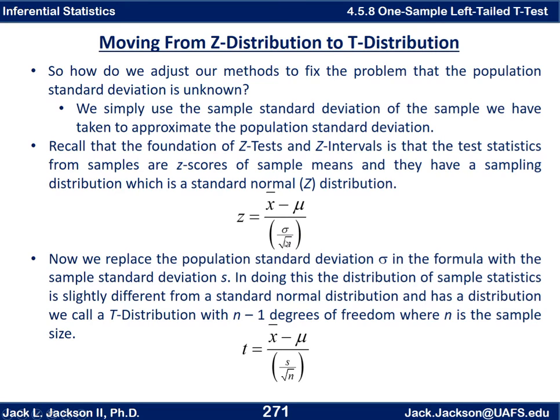Now, when you replace sigma by s, that is, replace the population standard deviation sigma with the sample standard deviation s, then that changes the distribution slightly, makes it a little bit more variable, and a z becomes a t. So we might call the z the standardized version of the statistic.